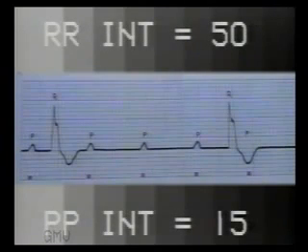In this tracing, the PP interval is 15 small squares and the RR interval is 50 small squares. So the atrial rate is 100 per minute while the ventricular rate is 30 per minute. Clinically, what we count by palpating the pulse is the ventricular rate. Atrial rate can be seen only on ECG.